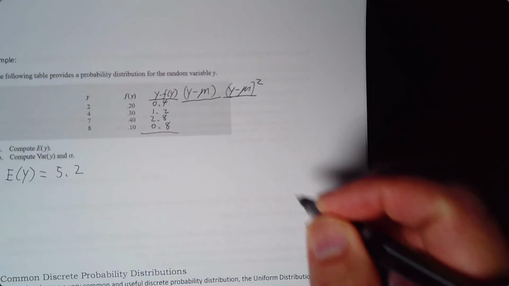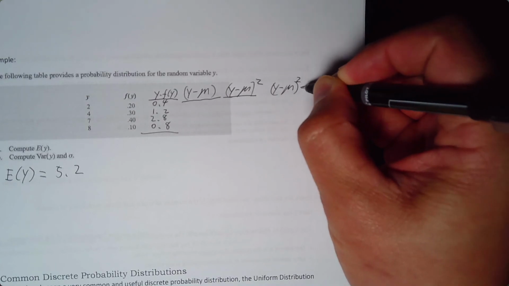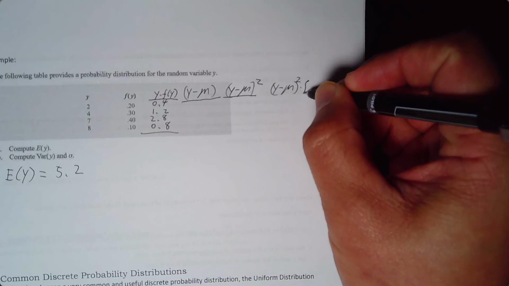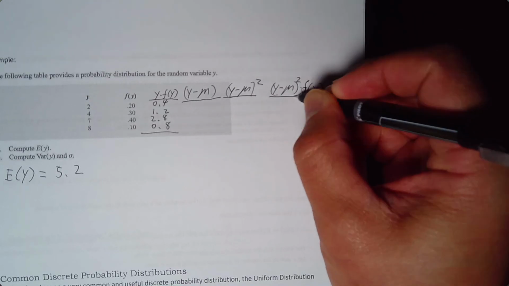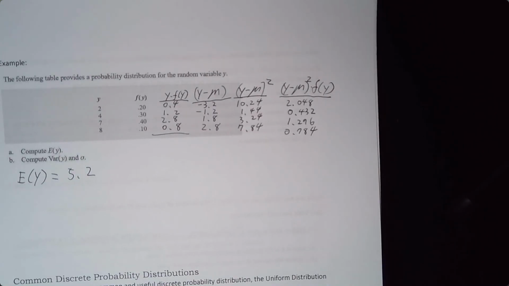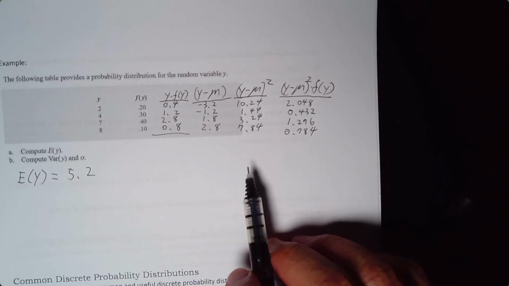And then finally, y minus mu squared times f of y. All right, so take a moment, go ahead and make those three columns. Check your columns. I'm pretty confident in my calculator skills.